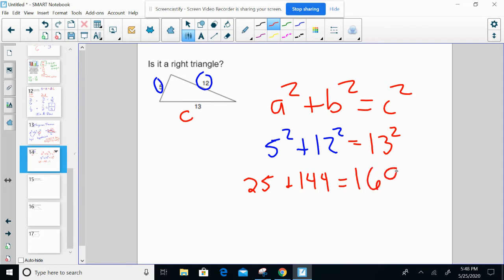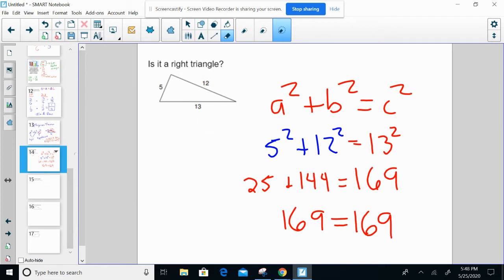All right. Now, we're not solving anything, so do not try and bring that 25 or the 144 over to the other side. Just add them straight down. And it ends up that 169 does, in fact, equal 169. So what does that mean? That means that that combination of sides, 5, 12, and 13, works to create a right triangle.